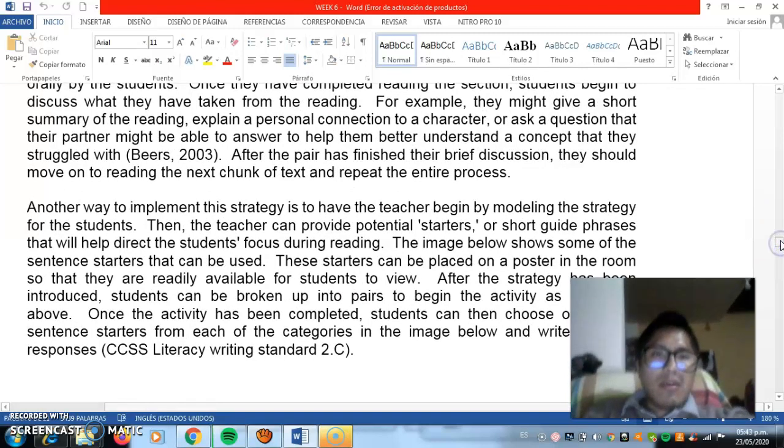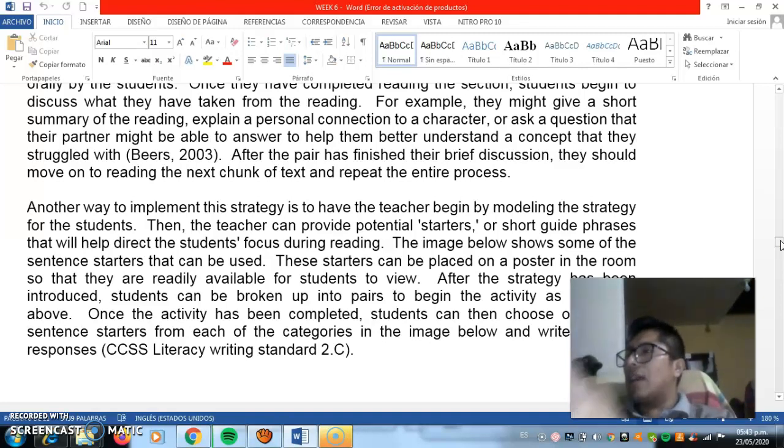Here it says, another way to implement this strategy is to have the teacher begin by modeling the strategy for the students. Then the teacher can provide potential starters or short guide phrases that will help direct the students' focus during reading. Okay, this is very necessary and important. Sometimes we can give some keywords to our students in order that they can understand these ideas much better.